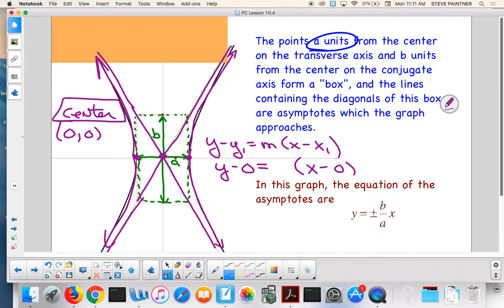It says y equals plus or minus B over A x. Why is it plus or minus? Yes, and the other line has a what slope? Negative. So this is down B, negative B, over A, positive A. Okay? So this becomes your equation. And your slope is B over A. This gets a little more difficult when the center of the hyperbola starts to move around, like over 3 up 4. Okay?